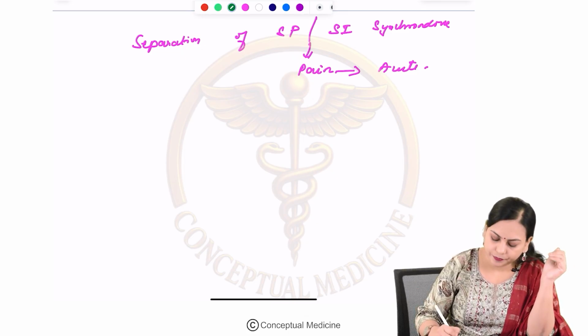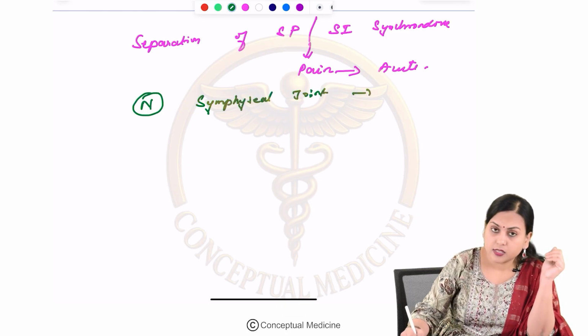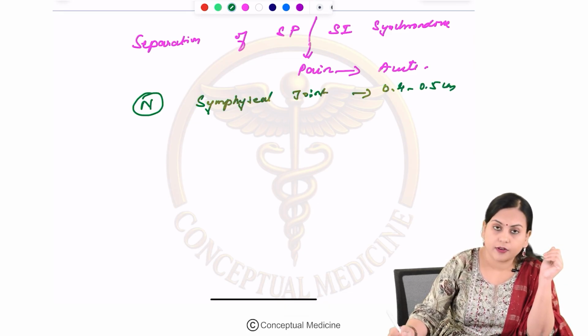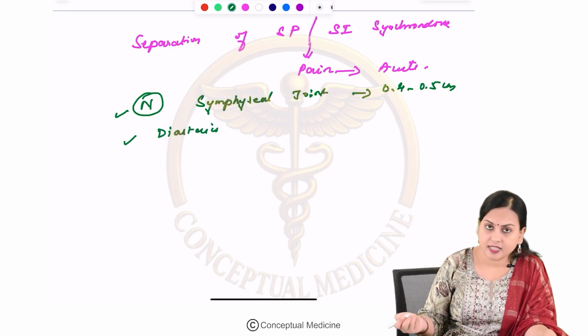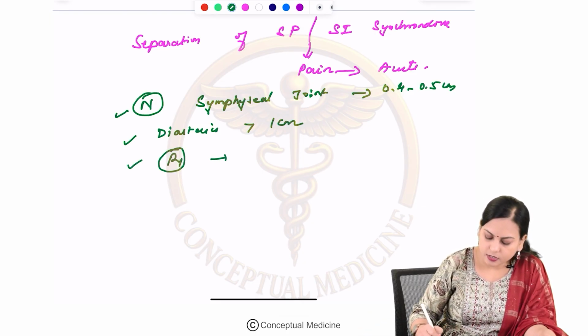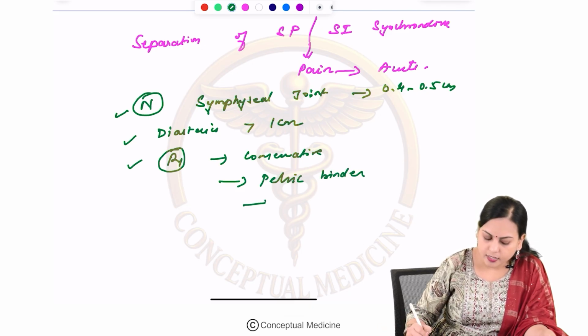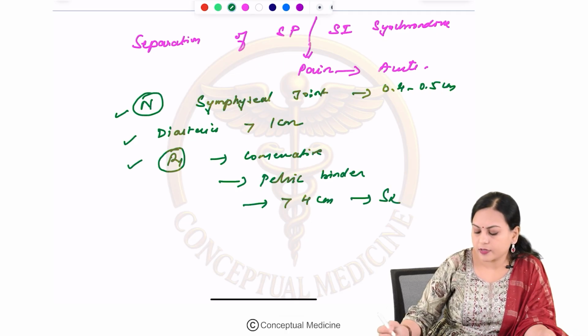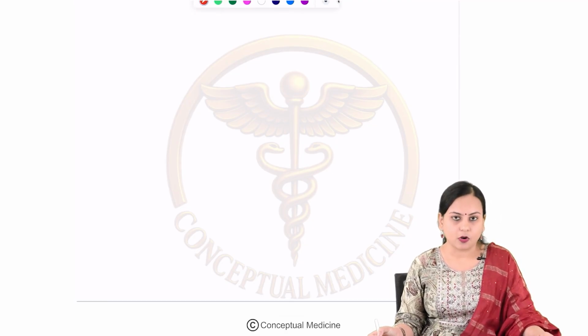What you have to know is the normal distance of the symphysial joint is 0.4 to 0.5 centimeter, and anything more than 1 centimeter means diastasis, and for treatment you can give conservative management, or you can even advise a pelvic binder, and if it is more than 4 centimeter, then you have to suggest that they undergo surgery. Clear? Right. We will see about the bowel complications.